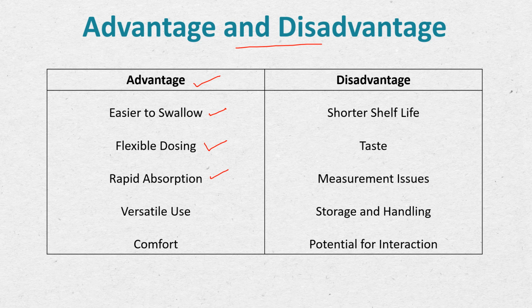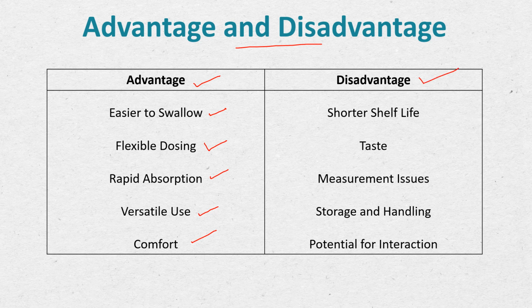Next is versatile use. Liquid dosage forms can be used for a range of medications, including those that are poorly absorbed in solid dosage forms. Next is comfort. They are often more comfortable for patients who need frequent dosing or who cannot take larger pills. There we can use liquid dosage forms more comfortably.